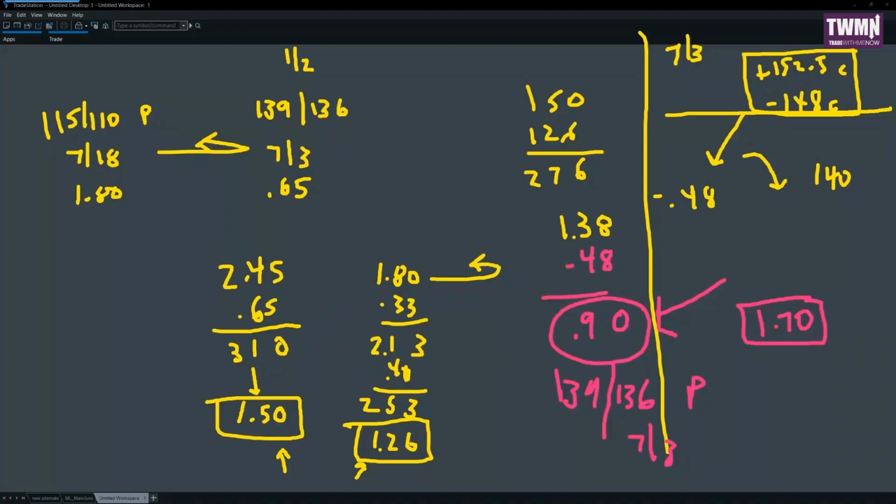But you don't even have to do that. If you wanted to save the commission, for 6 cents you could just buy back the short strike. So all you'd have to do right now for 6 cents is buy back the short, which I'm going to do right now.